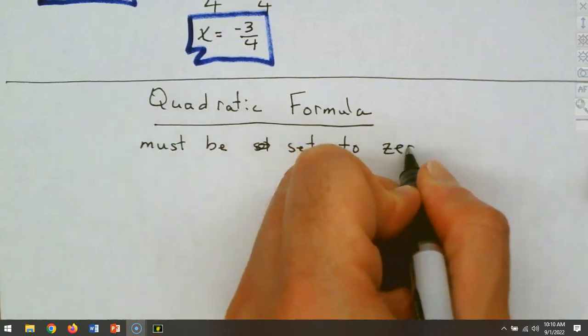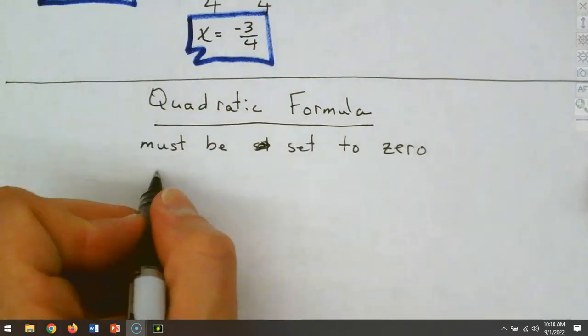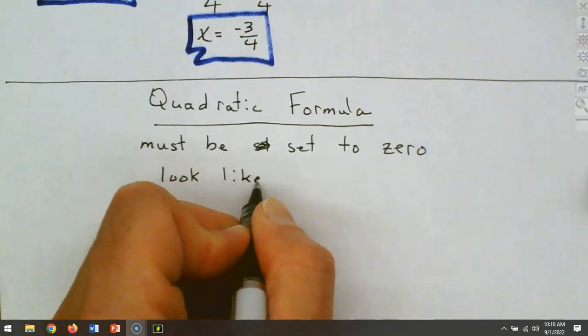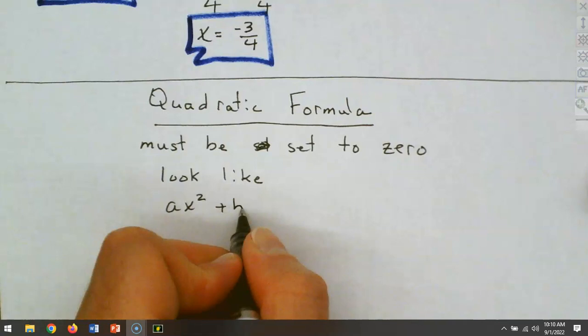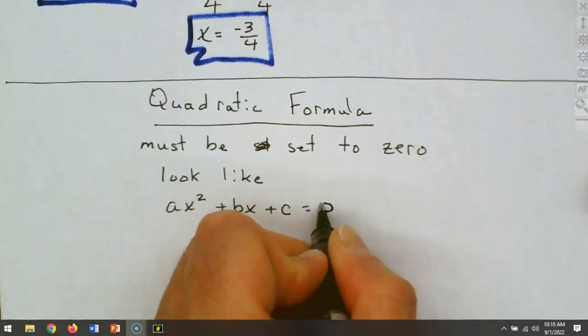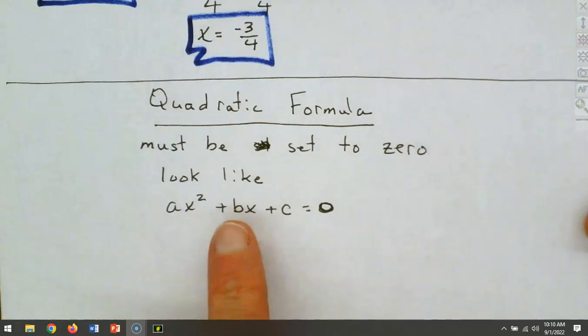So just like zero factor, it has to be set to 0, and it needs to look like this. It must look like ax squared plus bx plus c equals 0. So to use the quadratic formula, it needs to resemble this.